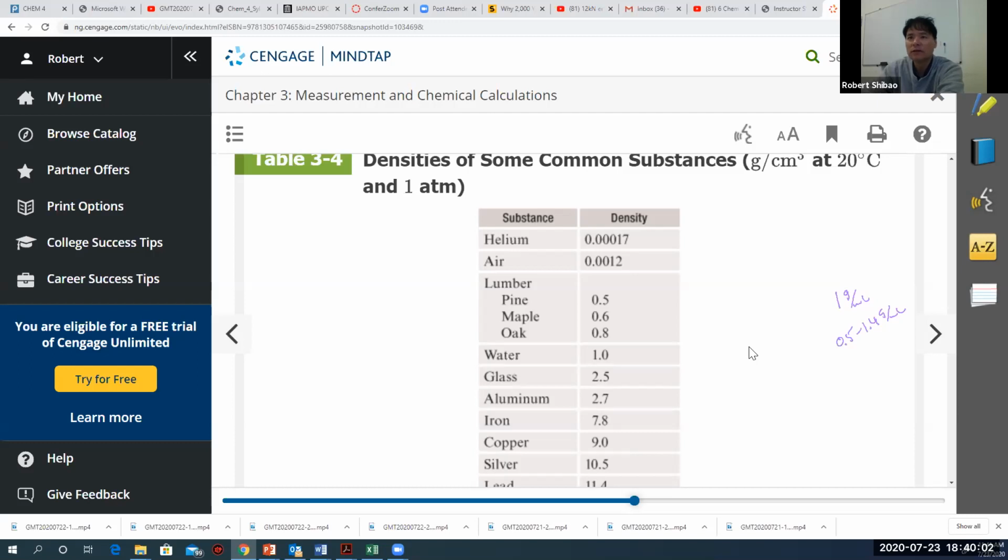So alternatively, we could have guessed the density for seawater between 1.0 and 1.1, in that range. And then we could have calculated, if it were 1.0, how many cubic miles would you need? If it were 1.1, how many cubic miles would you need?